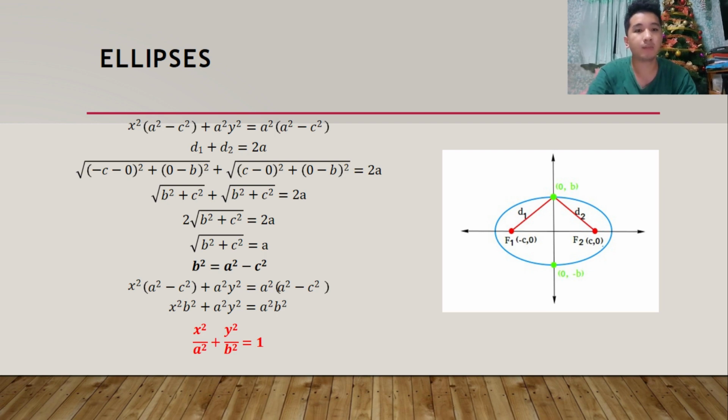The square root of b squared plus c squared plus the square root of b squared plus c squared equals 2a. So 2 times the square root of b squared plus c squared equals 2a. The 2s cancel out, which leaves the square root of b squared plus c squared equals a. Then it will become b squared equals a squared minus c squared.